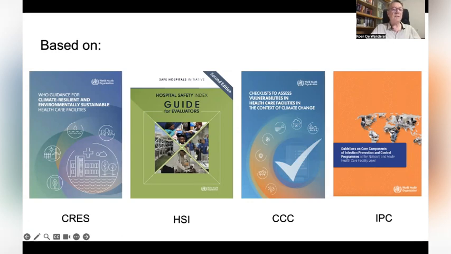Next to that, we have the WHO guidance for climate resilient and environmentally sustainable healthcare facilities. Also very important, especially in combination with the checklists to assess vulnerabilities in healthcare facilities in the context of climate change. Last but not least are the guidelines on core components of infection prevention and control programs.